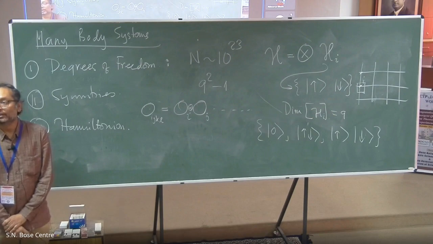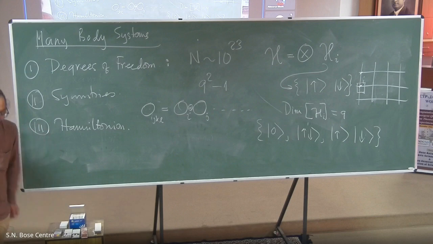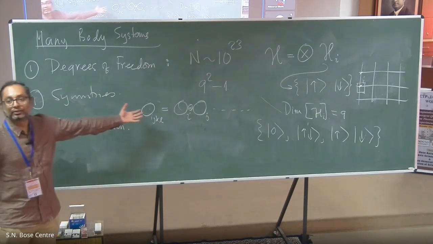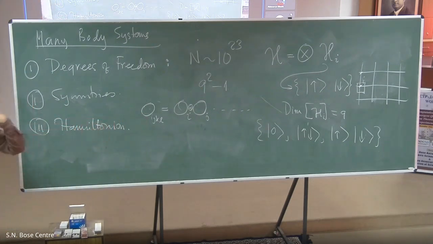And as you would see, hopefully, we of course use this to understand ferromagnets, etc., but they are so simple that we often do not pay much attention to these aspects.